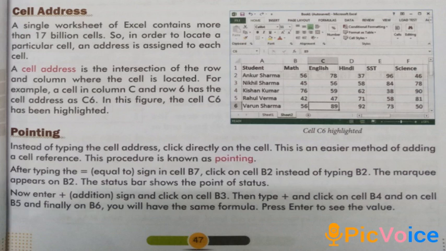Then enter the plus or addition sign and click on cell B3. Then type plus and click on cell B4, and on cell B5, and finally on B6. And we will have the same formula, and we have to press enter to see our value.